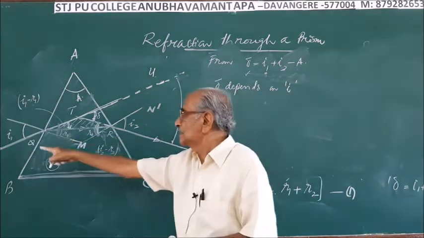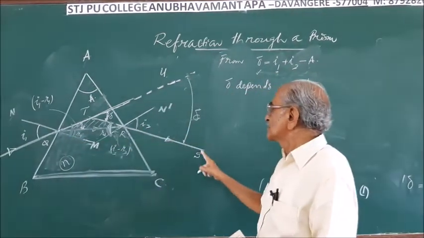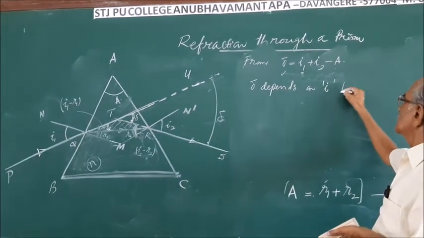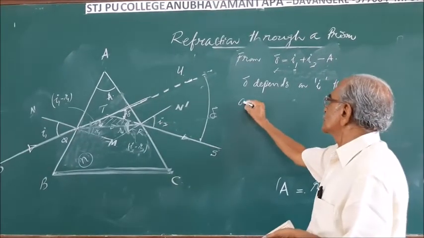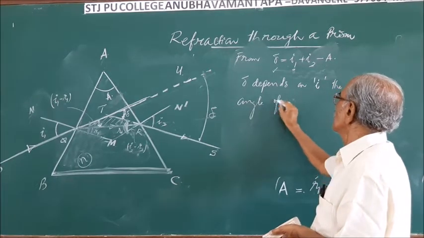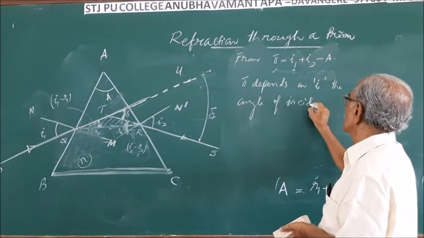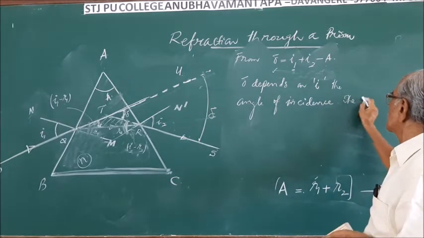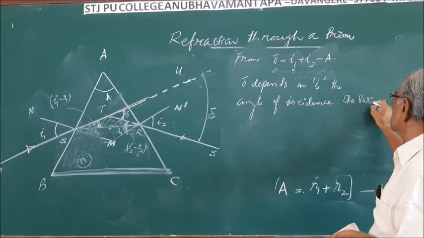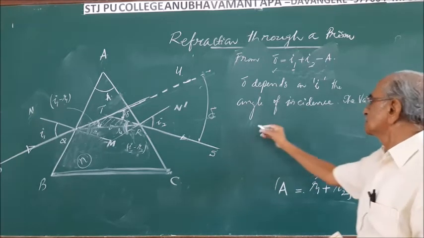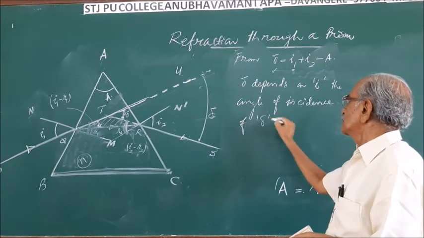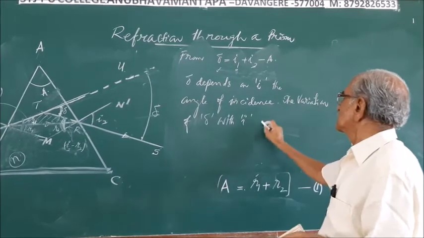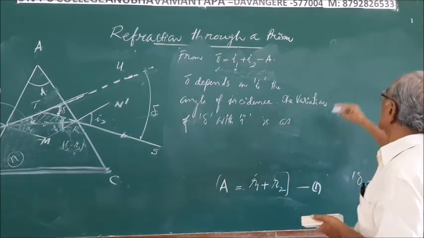If you enter from this side, I1 is I. If you enter from the other side, I2 is I. So it depends on the angle of incidence. The variation of delta with I is as in the graph.